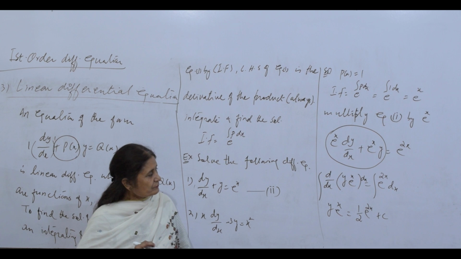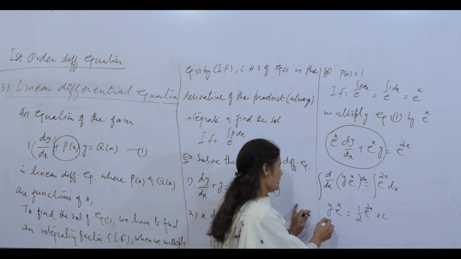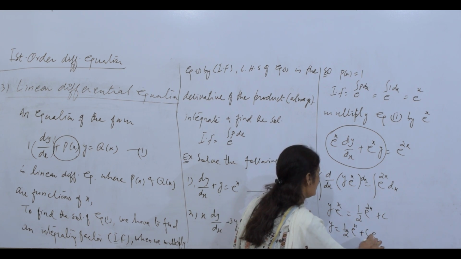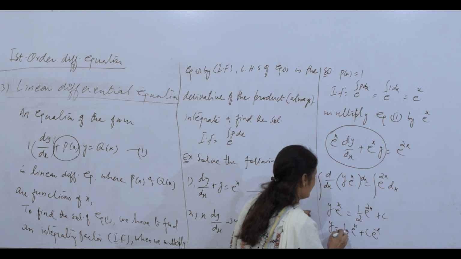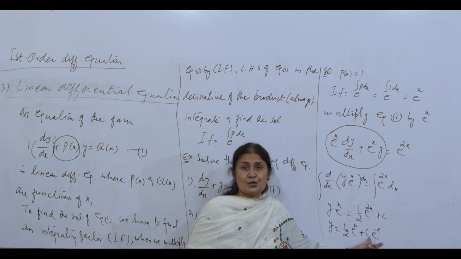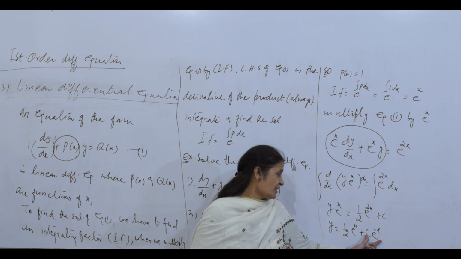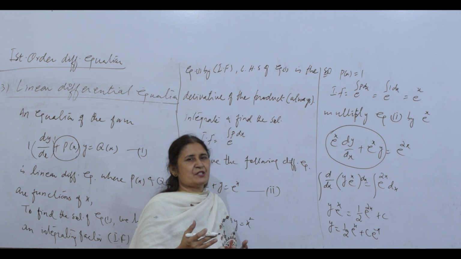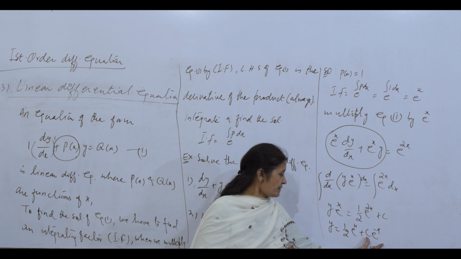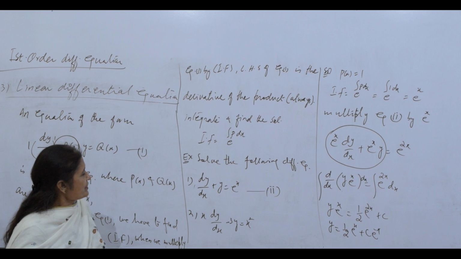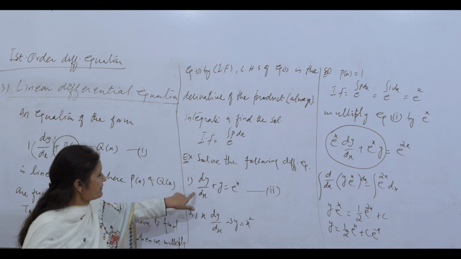Let us write an explicit solution: y is equal to half e^x plus c e^(minus x), because you are dividing by e^x. c e^(minus x) is not a constant, it is a function multiplied by c. If it were c raised to some power, you could name it as a constant, but since c is multiplied with a function, leave the answer there. So this is the solution of a linear differential equation.